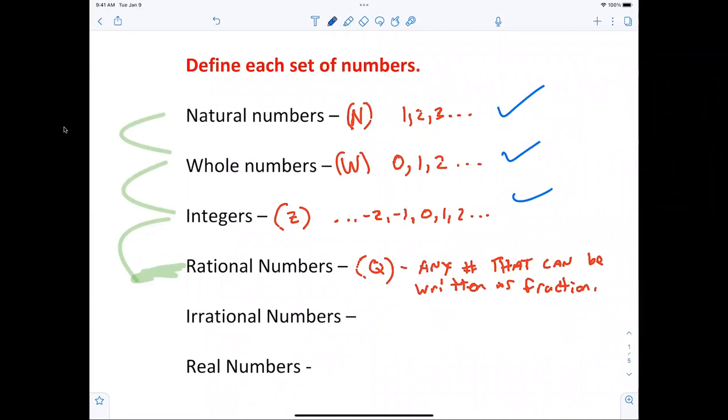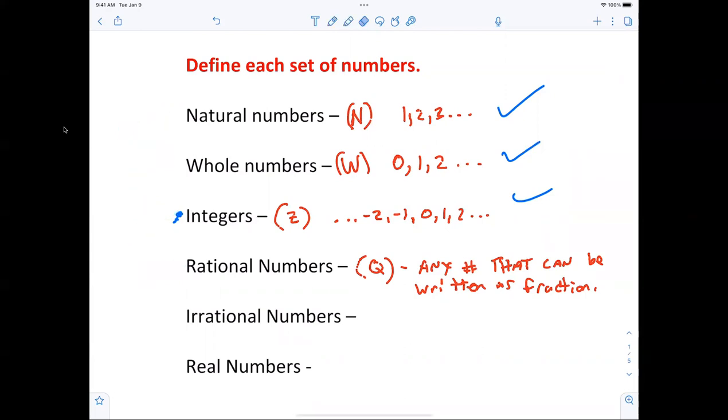Now, if you're an integer, then you're also a what? Whole number, and you're also a what? Natural. If you're a whole number, you're also what? Natural. You with me? Listen to me carefully.